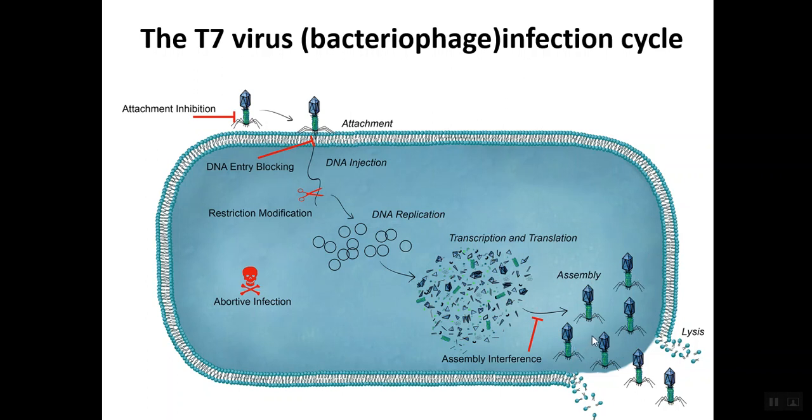Once lots of particles have been reproduced, the cell is full of viral particles, and that determines a cell explosion known as lysis. Pretty much the cell dies. Unfortunately, this is also what happens many times when human cells are infected with viruses.